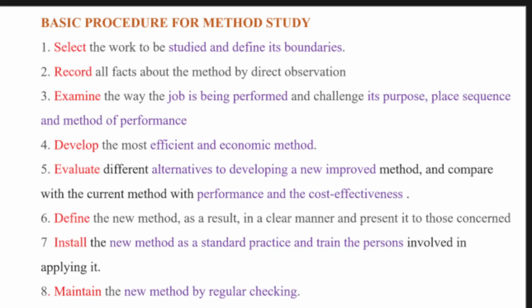As we know, the basic procedure for method study is selection, record, examination, development, evaluation, definition, install, and maintain. Now, friends, if we look at the selection of the job, this selection is a very important part and the first step in the method study.